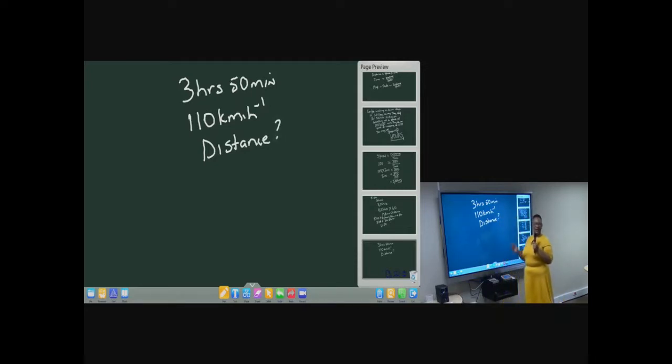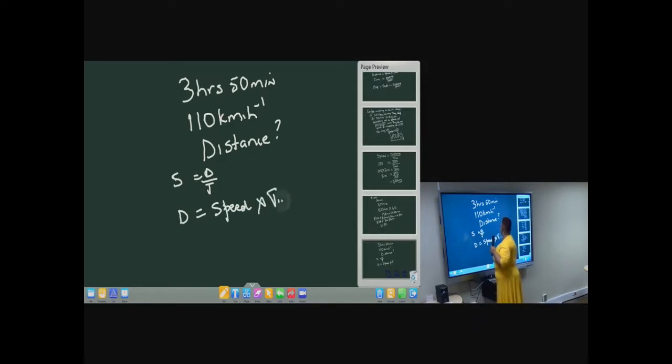Let's say the formula which has been given is, speed is distance over time. Let's say you have been given that distance is equal to speed multiplied by time.